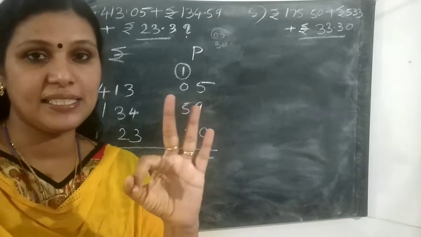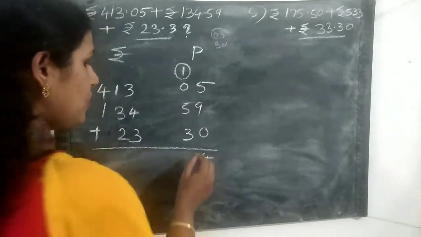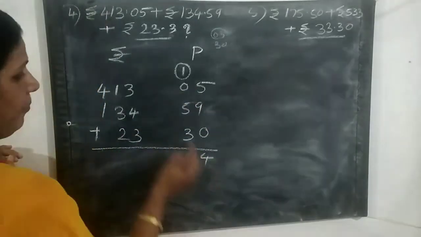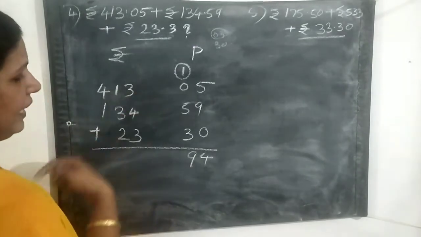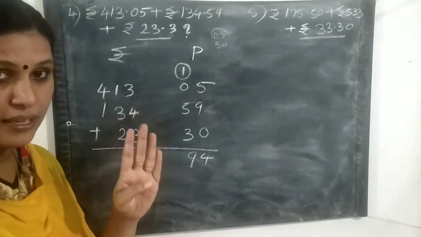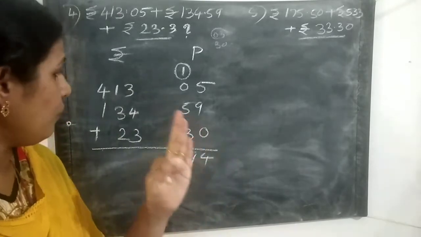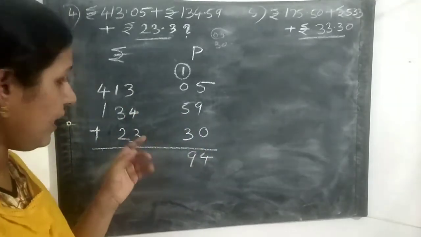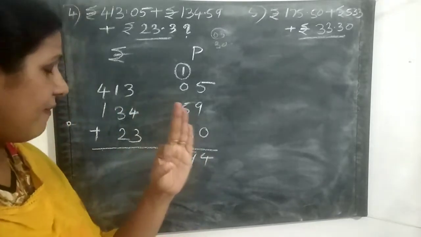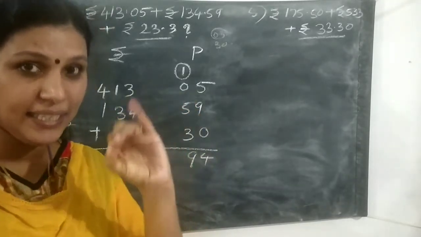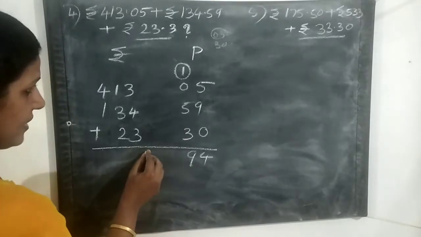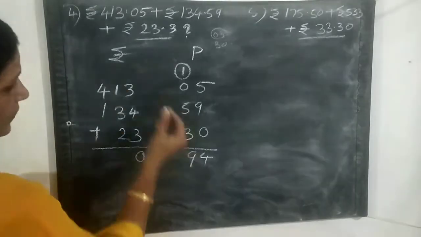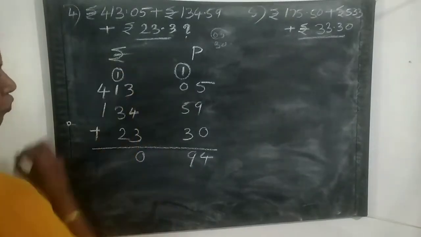After 6, 7, 8, 9. So here we write 9. Then here 3 in the mind, 4 on the fingers. After 3, 4, 5, 6, 7. Then 7 in the mind, 3 on the fingers. After 7, 8, 9, 10. So here we write 0 and the carry over is 1.